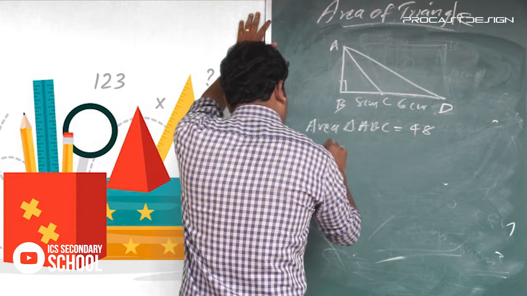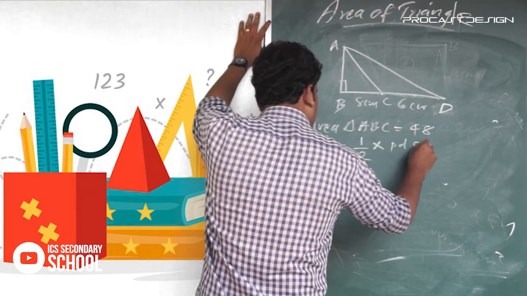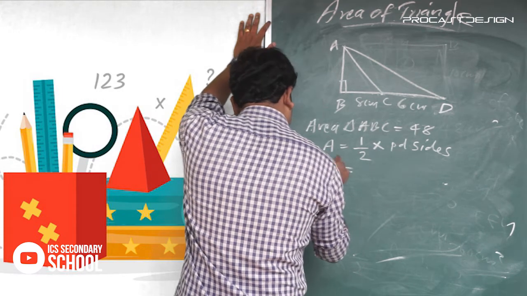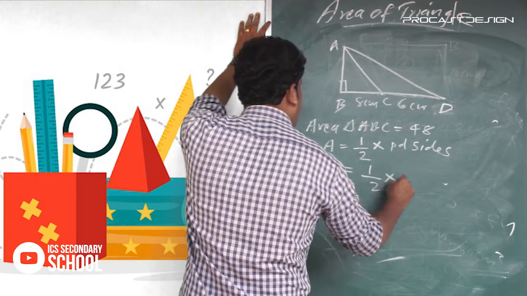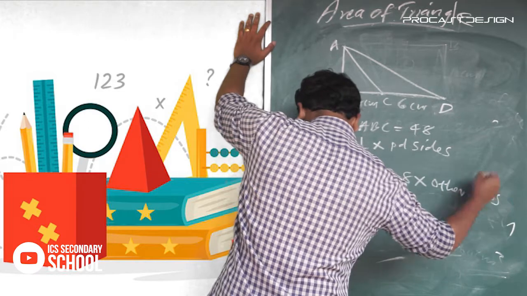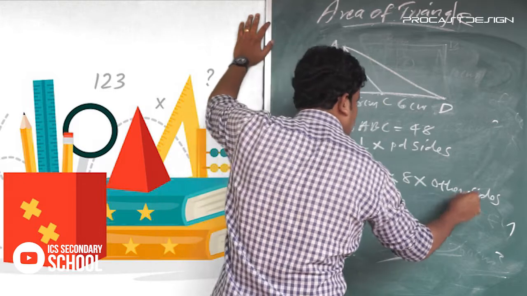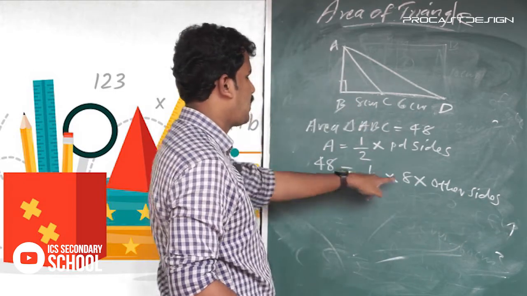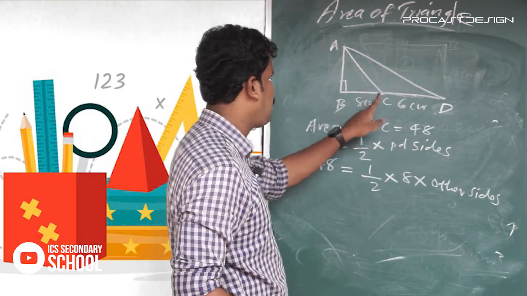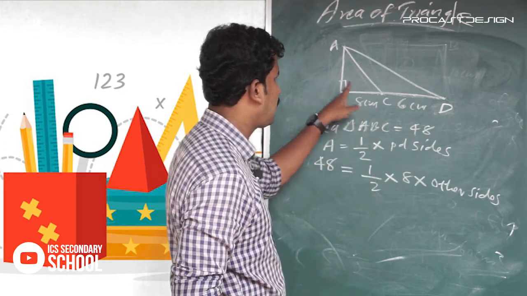Area of a right angle triangle means half into the product of the perpendicular sides, that is 48 equal to half into BC side, 8 centimeter, into the other side, AB.